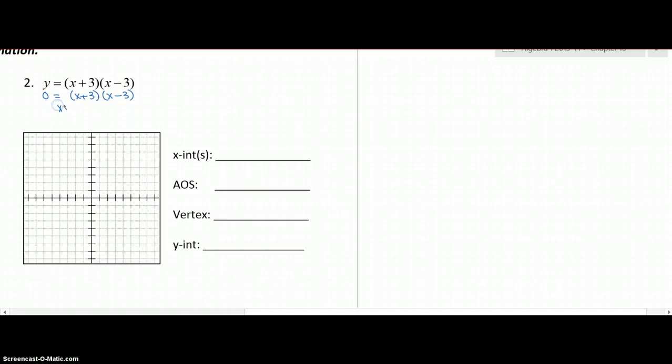That means set each factor equal to 0 and solve those equations. So here we're going to subtract 3 from both sides, we get negative 3. Here we're going to add 3 to both sides and get positive 3. So our x-intercepts are negative 3, 0 and positive 3, 0.